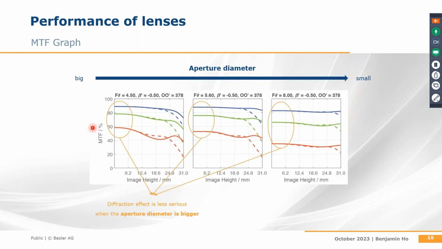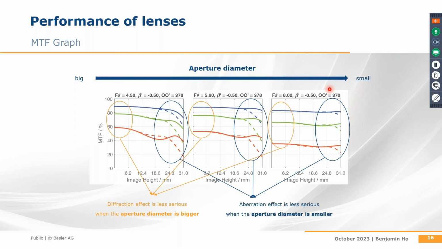As shown in the graph, the center of the sensor is mostly affected by diffraction, so MTF at the center is usually high at fully open aperture. While the edge side of the sensor is mostly affected by aberration, so MTF at the edge is usually high at closed aperture.